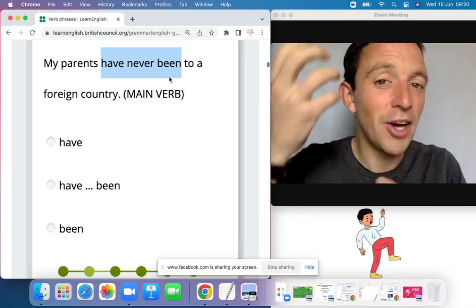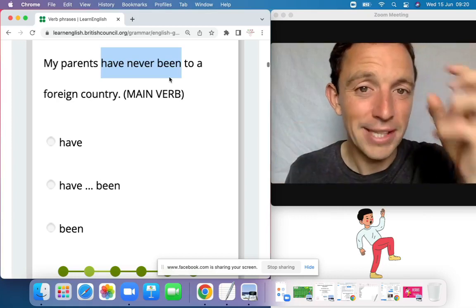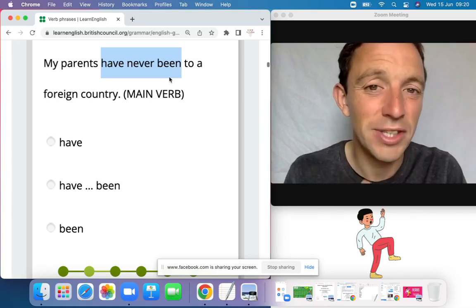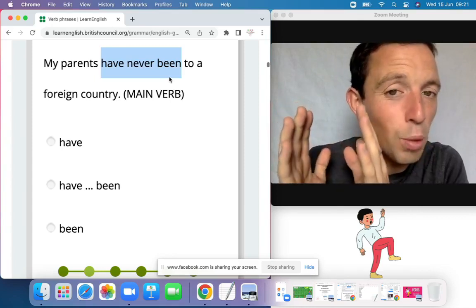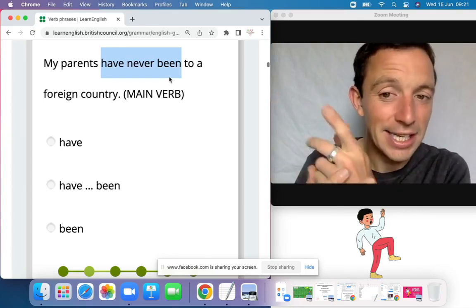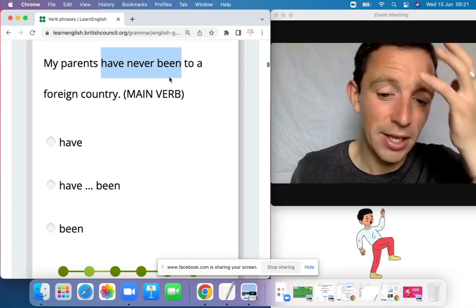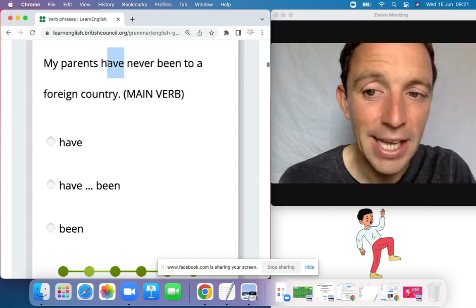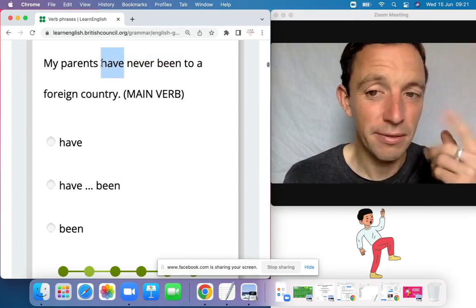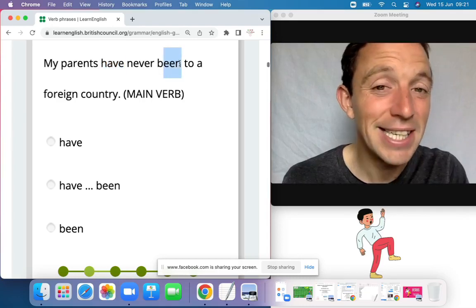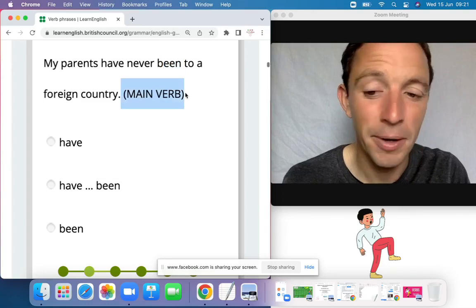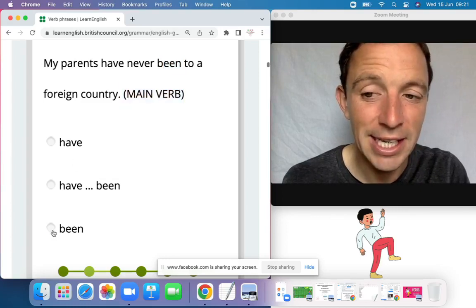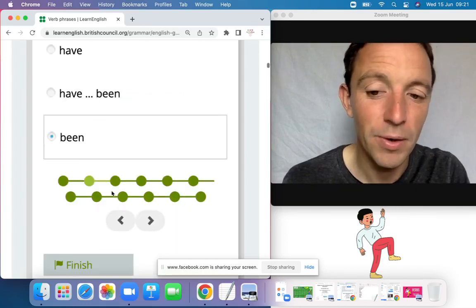So when you have the auxiliary have plus the participle of the verb, this is considered the perfect. We can create the present perfect or we can create the past perfect. In this situation, it's the present perfect. So have is the auxiliary verb and been is the past participle form of the main verb. So therefore the correct answer, I think, is been. Okay, it's number 3.